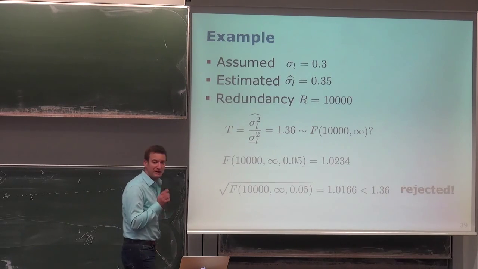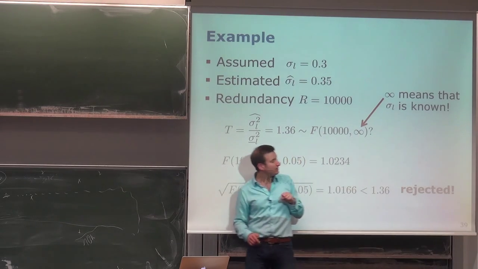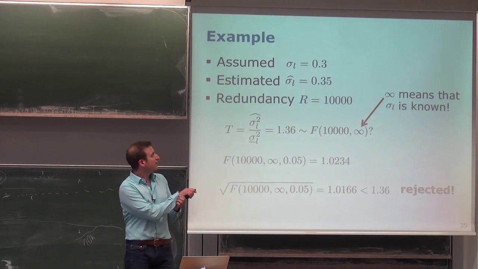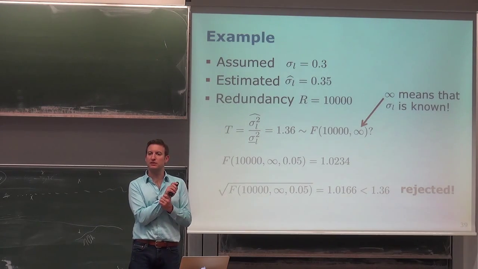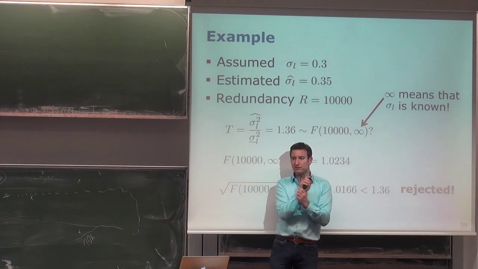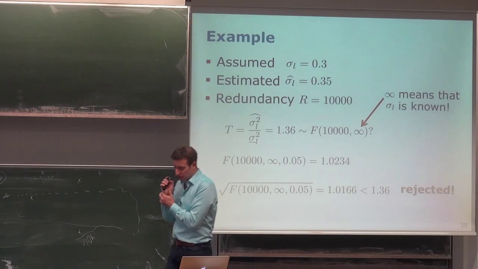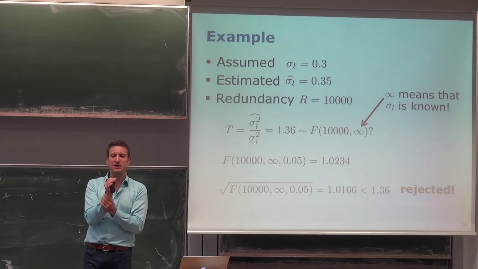And the problem that I have in here is that in the F-test, the infinity that I have here is assumed that the parameter that I assumed in my model is a correct parameter. So basically, say I assumed this to be the variance or the uncertainty with the standard deviation. So the uncertainty, how accurately I can measure a point.